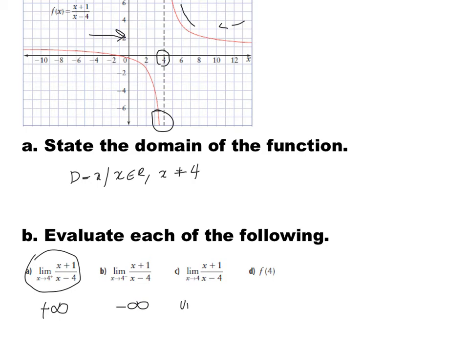So we say undefined. And the last one, we have to find the value of the function at 4, and again, from the graph we can see that the function is not defined at 4, so undefined.